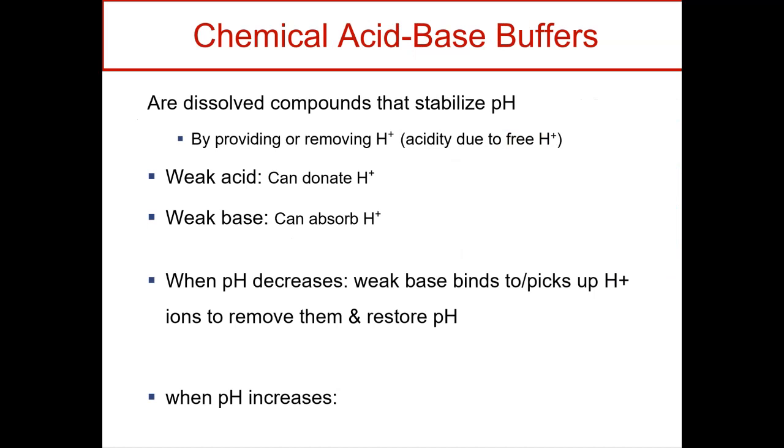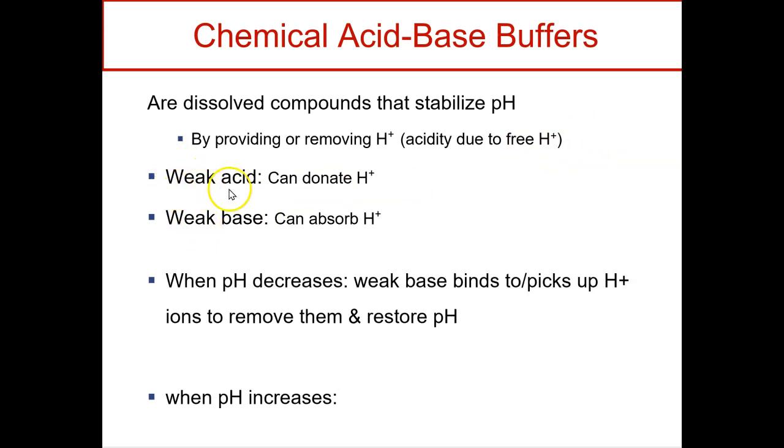And the chemical buffers usually exist in pairs. And what they're going to do is either donate a hydrogen or remove it. We know that pH is due to the free hydrogen ions. And so we can alter those hydrogen ions, we can fix the pH problem. So we'll be using weak acids and weak bases. There's always a pair.